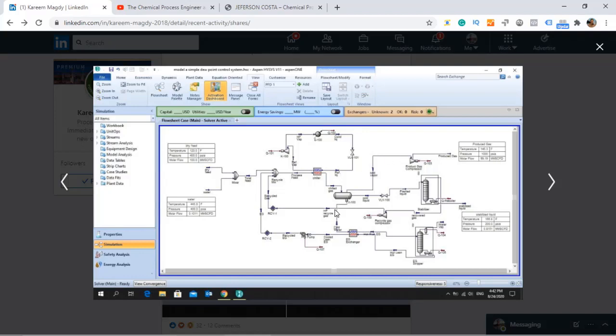The water goes from the bottom of the separator, passes through a heat exchanger also, and goes to a strip column where the ethylene glycol is recovered and returned to the pipeline in order to prevent the freezing of the water content at the heat exchanger.